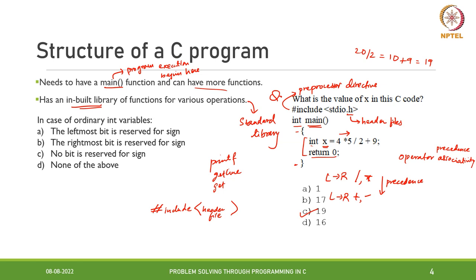It does not ask what the output from this C code is. If you just run this C code, there will be no output, but x will be allotted some value based on some computation, and that is what the question asks.